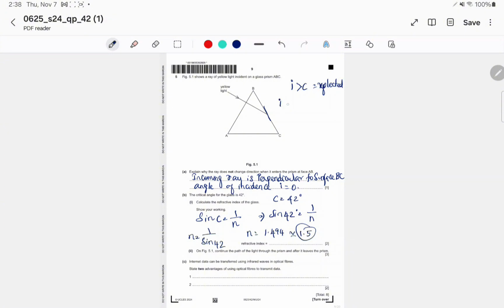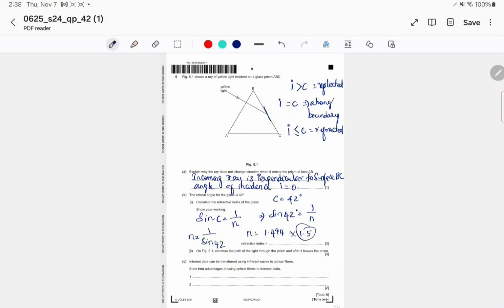If i is equal to C, it will move along the boundary. If i is less than C, it gets refracted. Please remember these three conditions.